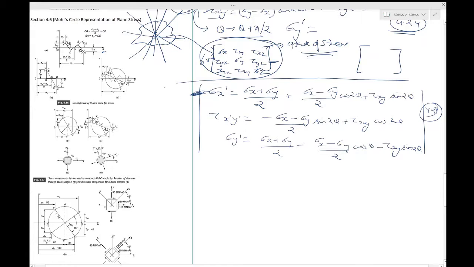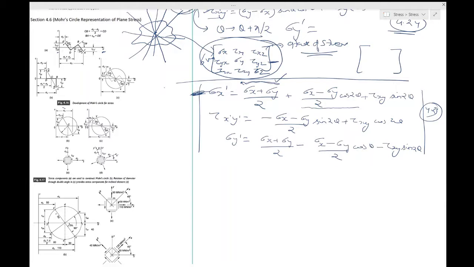The first term on the right of the equation for sigma x dash is represented by OC. OC is of length sigma x plus sigma y by 2. Okay, so this checks out. The second term on the right is represented by the horizontal component of CB.